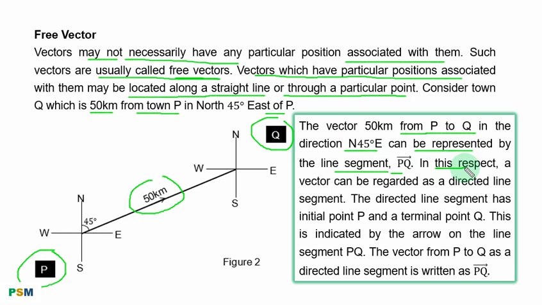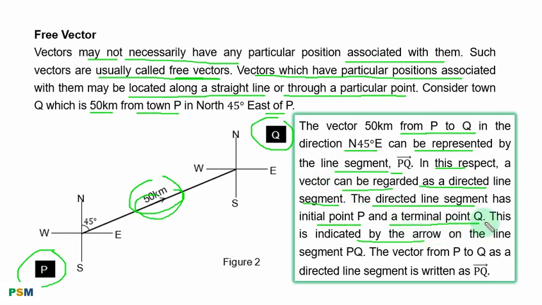In this respect, a vector can be regarded as a directed line segment. The directed line segment has an initial point P and a terminal point Q. This is indicated by the arrow. You can see it here. So the start point is the initial point, the end point is the terminal point.